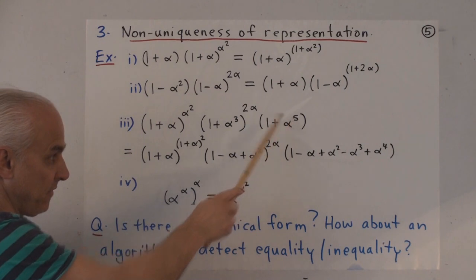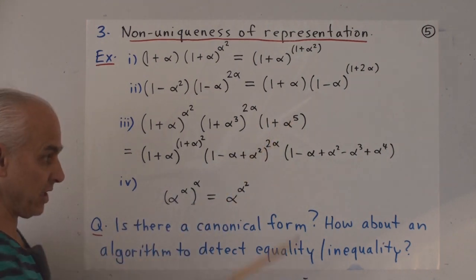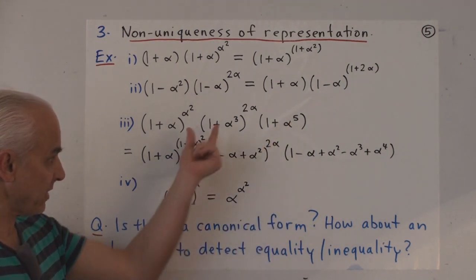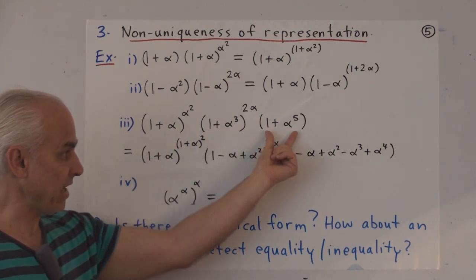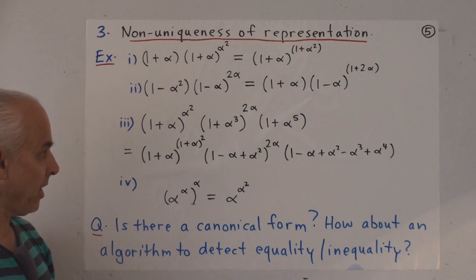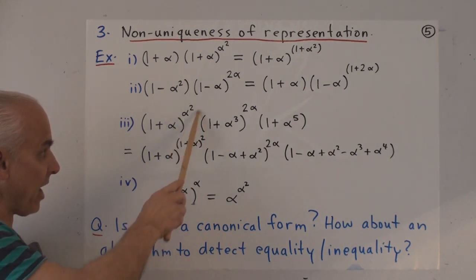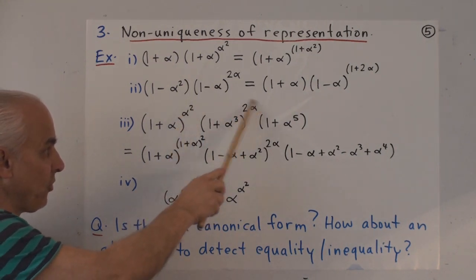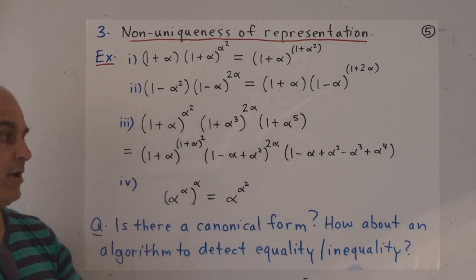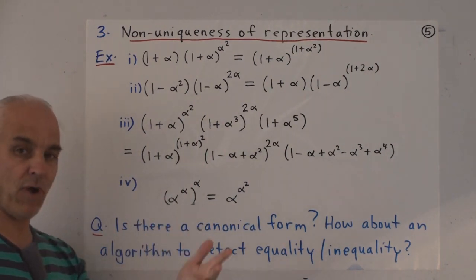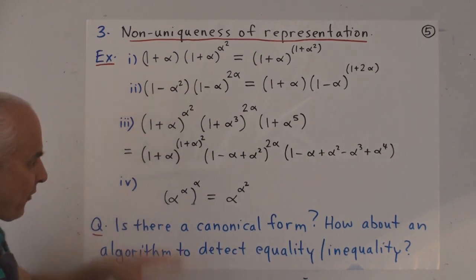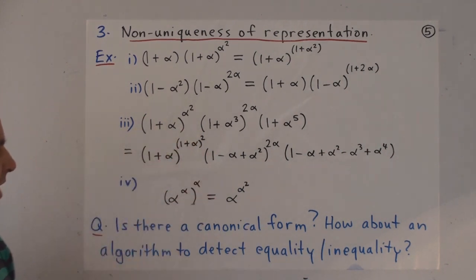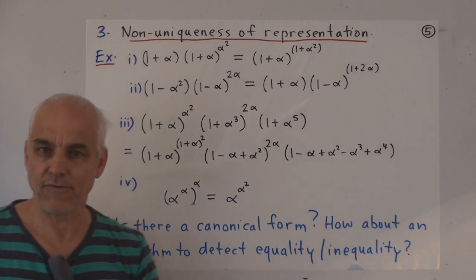And 1 plus alpha to the 5th has 1 plus alpha also as a factor, and here's the other factor. So if I take the 1 plus alpha from this term and bring it here, and the 1 plus alpha from this term and bring it here, then the total exponent up here becomes alpha squared plus 2 alpha plus 1. And it turns out that alpha squared plus 2 alpha plus 1 is exactly 1 plus alpha squared. So it's a rewriting using basic laws of algebra.